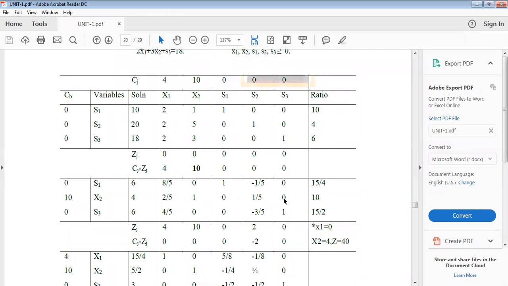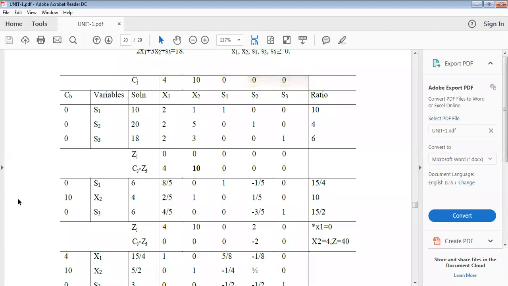Minus 1 into this new R2. So here new R1 is equal to old R1. Old R1 means this is old R1. Old R1 minus this new R2.